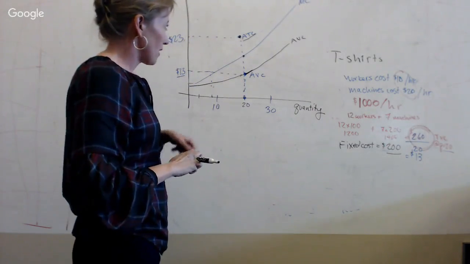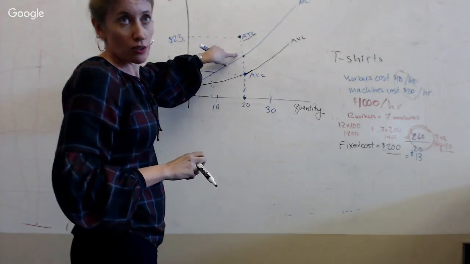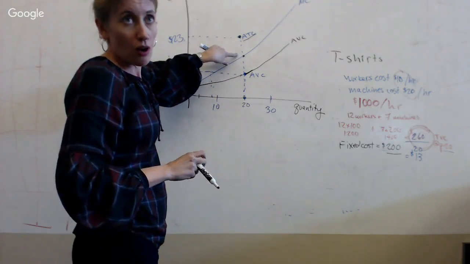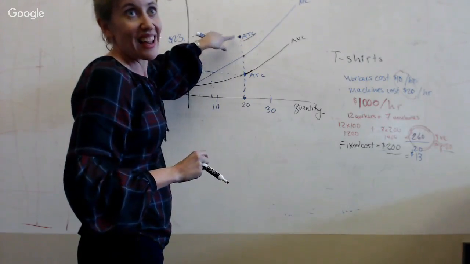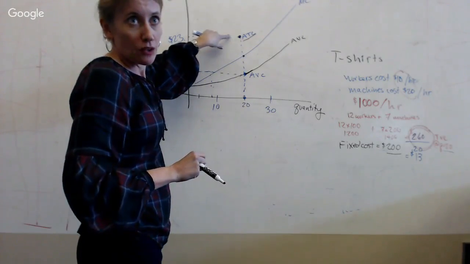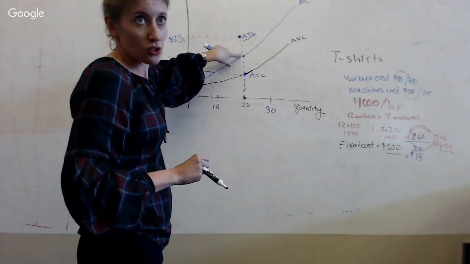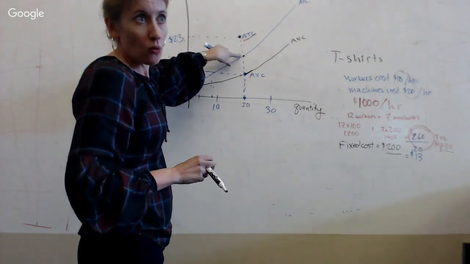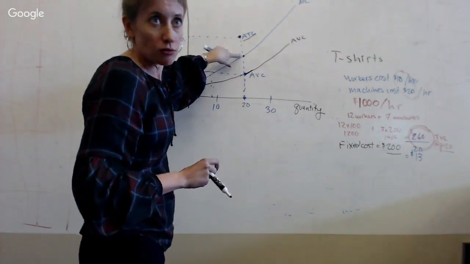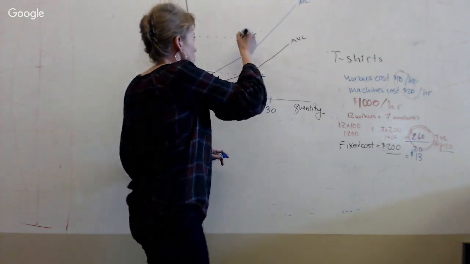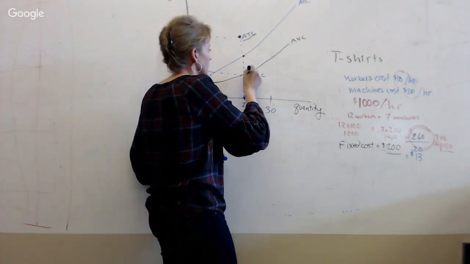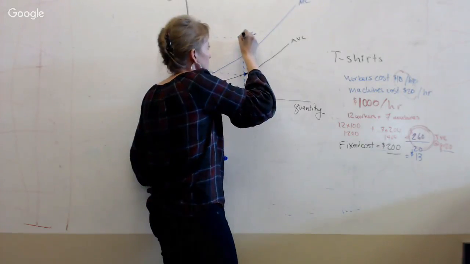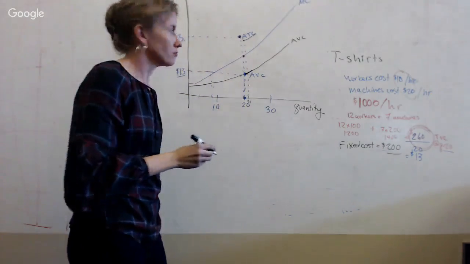That means the next t-shirt that we produce costs us less than the average t-shirt. So the next t-shirt we produce will bring our average down. And so if we go from 20 to 21, our average will fall.